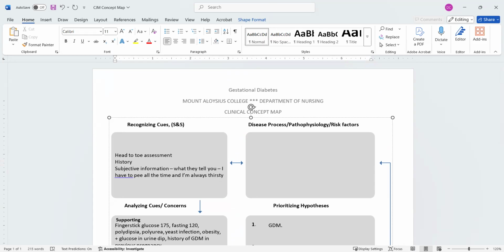I got some of the information from the PowerPoint presentation, some of that information from the textbook, and then some of it you might have to kind of think about, like what are some appropriate nursing interventions for that particular abnormal value. So try to do this with all of the major complications.